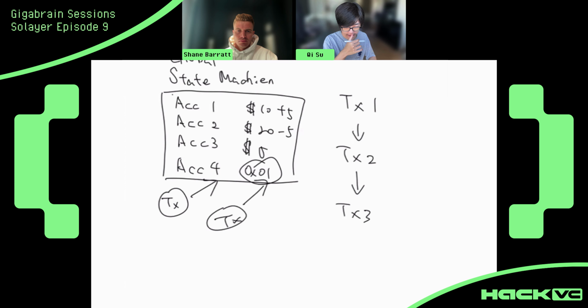This is pretty obvious, right? You cannot do them in parallel because it can cause problems like double spend or state inconsistency.